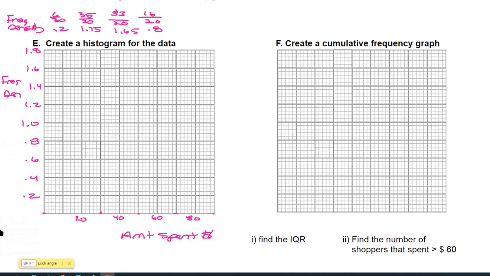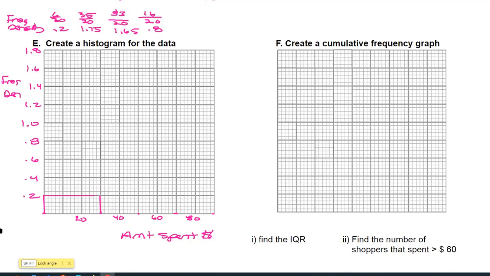All right, so my first one is from 0 here, and it's a 0.2. So I go up, and I go across, and I go down.